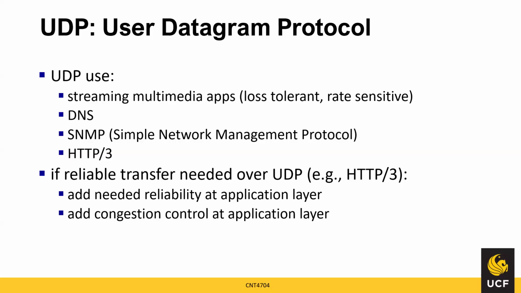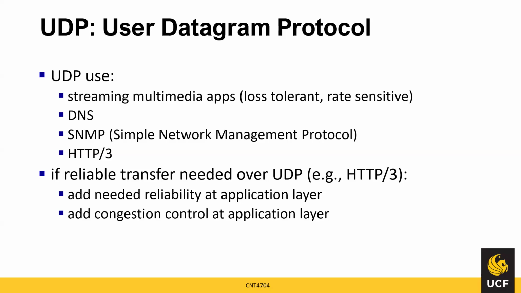Also DNS lookups, SNMP for network management. We're going to talk about this more in depth today, and even HTTP/3. So all these applications, if we take a look in depth at each one, can all tolerate loss or benefit from low delay.